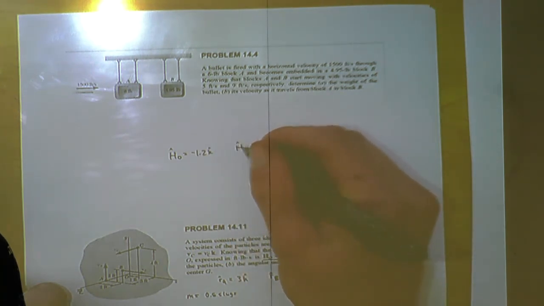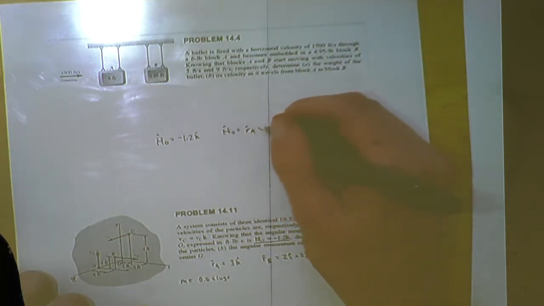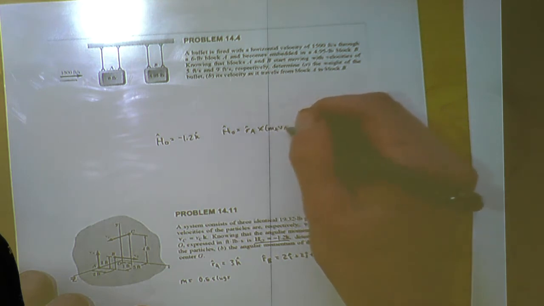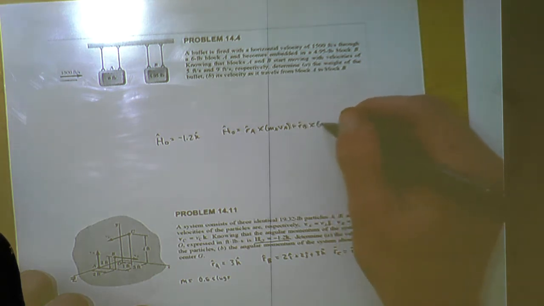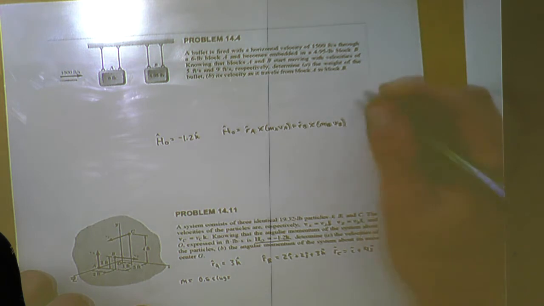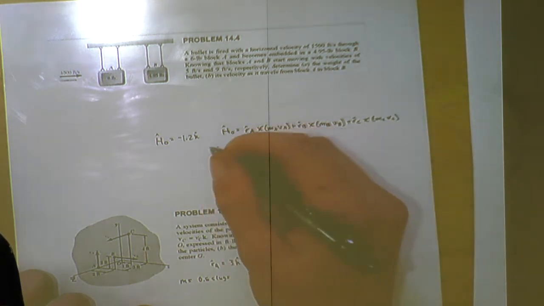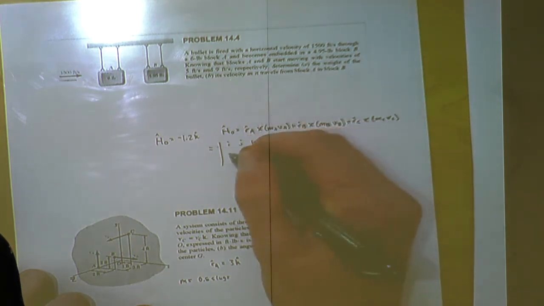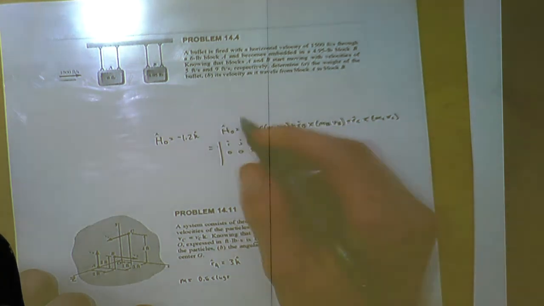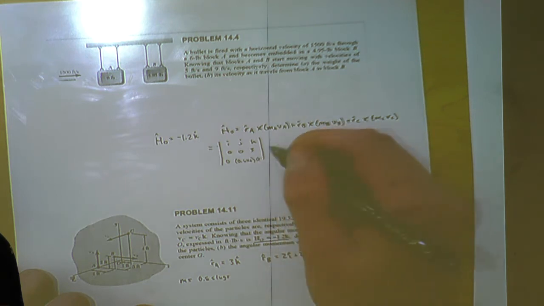And then formula is RA cross MA VA plus RB cross MB VB plus RC cross MC VC. That's going to be equal to, I'll just do this real quick. So 0.03, 0.6 VA, 0.